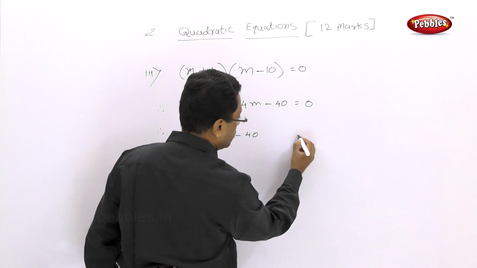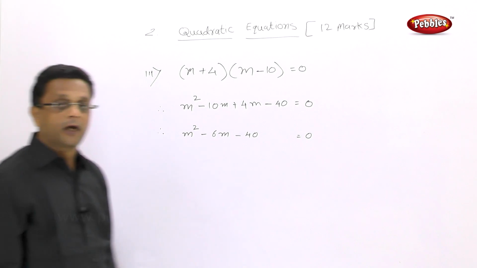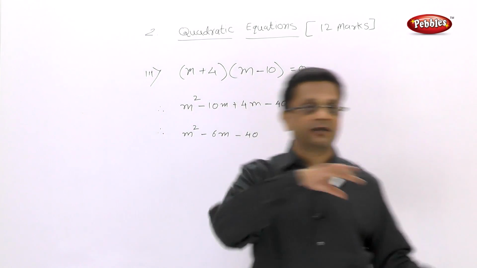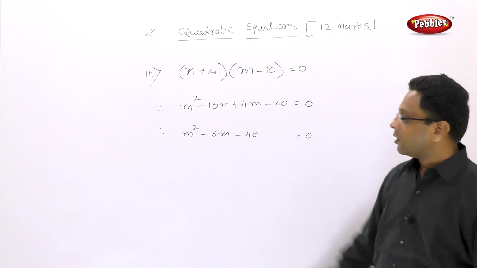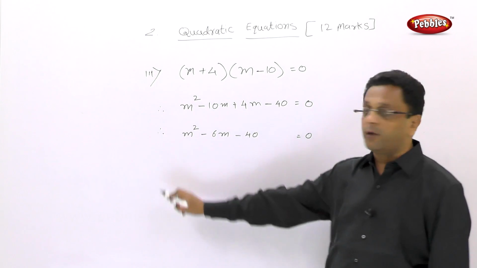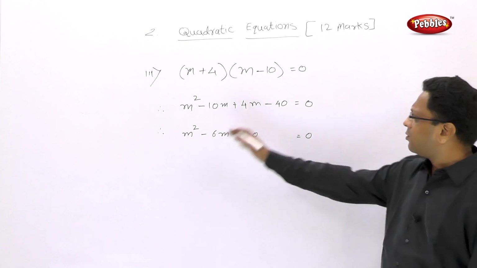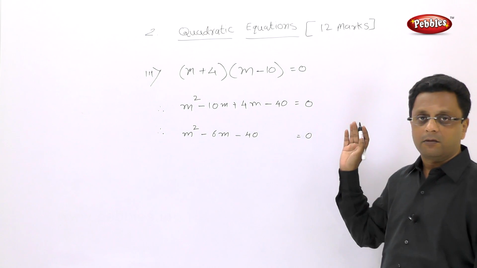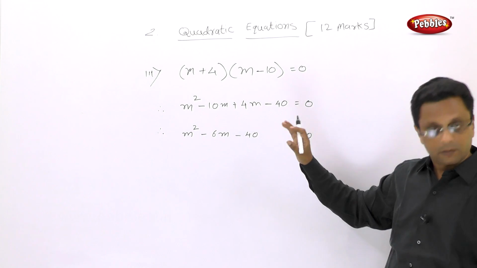It should be here only, equal to 0. Now it looks better. The examiner doesn't have to search for the left hand side and right hand side, or for the equal to sign. Again, the hence sign should be one below the other. You have a lot of space on the paper. Don't write in congested forms.